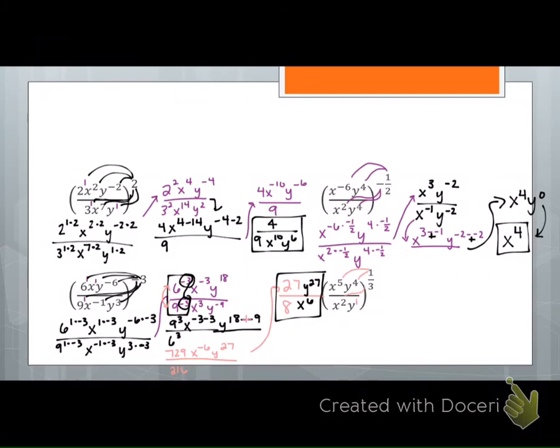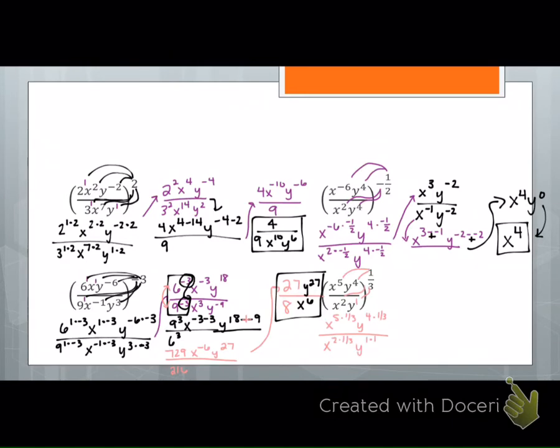All right, so when we do this one, what is the exponent on the y in the denominator? Good. So we distribute that 1/3 to everything. So I have x to the 5th times 1/3, y to the 4th times 1/3, and we keep everything as improper fractions while we're multiplying these. Don't write them as mixed numbers, please. So what is 5 times 1/3? What is 4 times 1/3? What is 2 times 1/3?